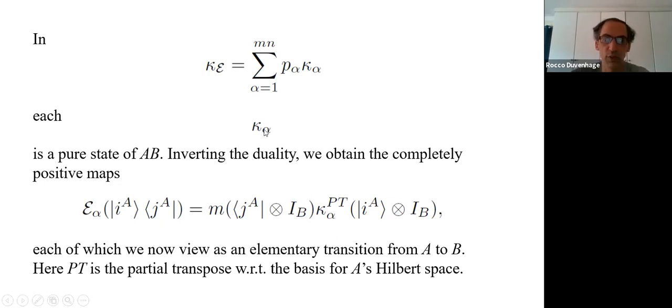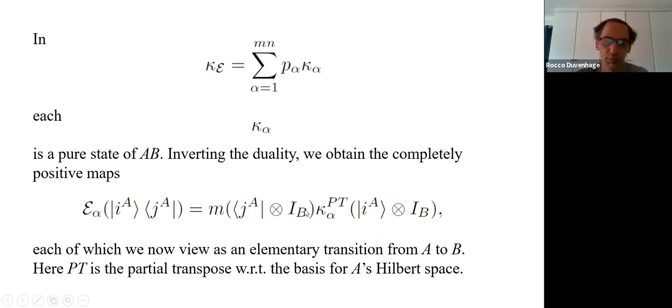but you can view them as a way to express the elementary transition either as a pure state of the composite system or as a map from the system A to the system B. So in other words, not quite as a channel, but as a map from the mixed states of A to the mixed states of B. The formula involves a partial trace here, you'll see.